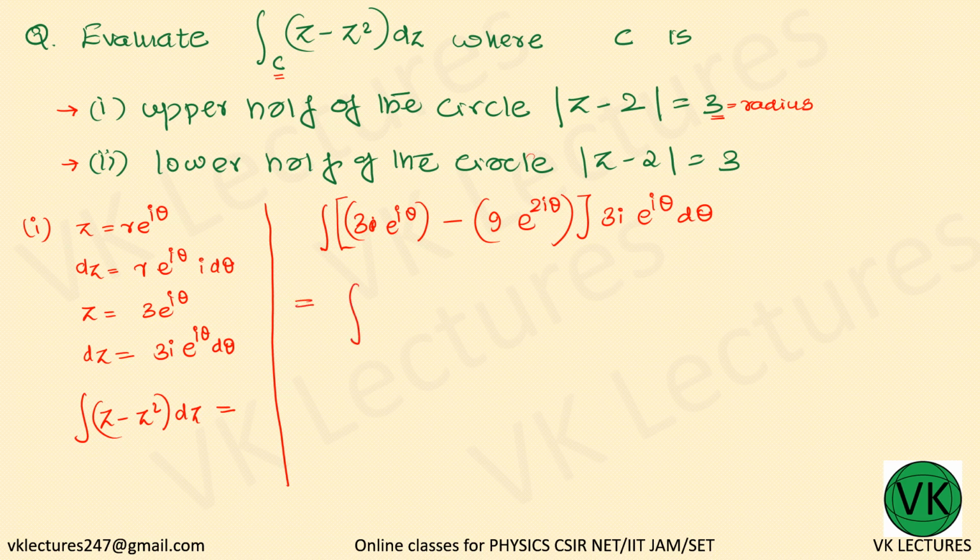So that's equal to 3 times 3, that is 9i e to the power i theta, minus 9i e to the power 2i theta d theta, minus this is 27 times e to the power 3i theta, here one more i is there.